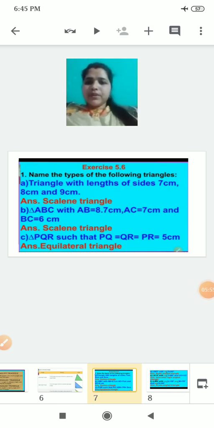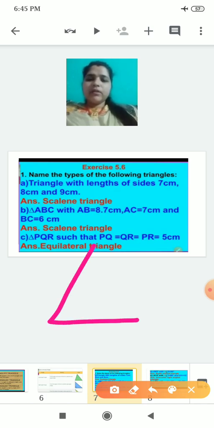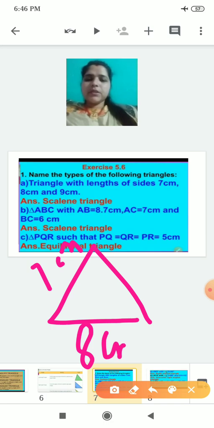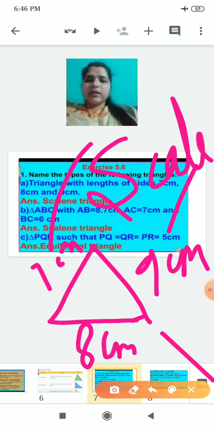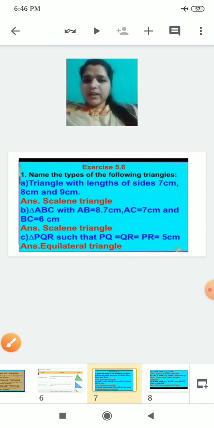First we have a triangle with sides of length 7 centimeter, 8 centimeter and 9 centimeter. It means every side is different. It means it is a scalene triangle. All sides are different.